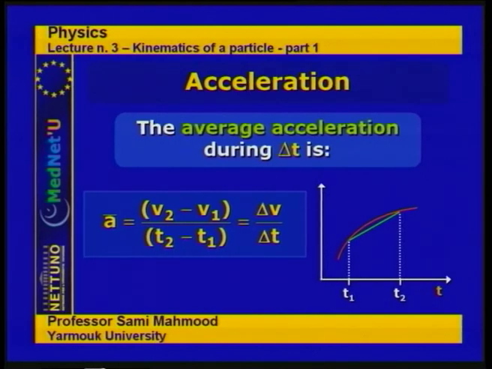The slope of that straight line extending between the point at t1 and the point at t2 is simply the average acceleration of the particle during the time delta t.